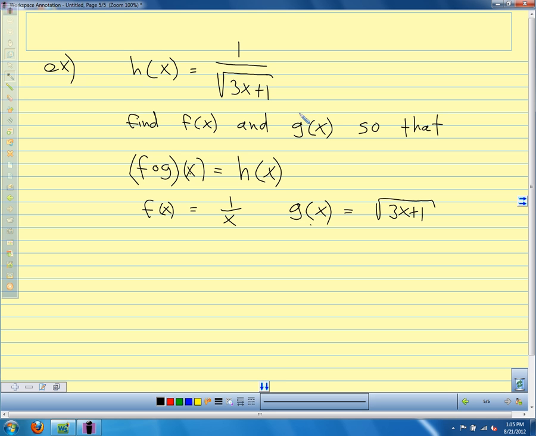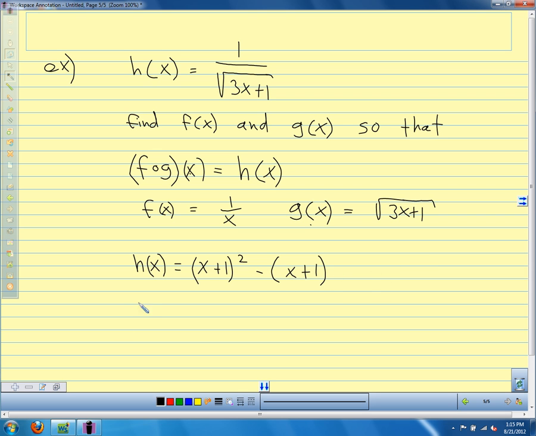Let's look at another one. H of x equals x plus 1 squared minus x plus 1.